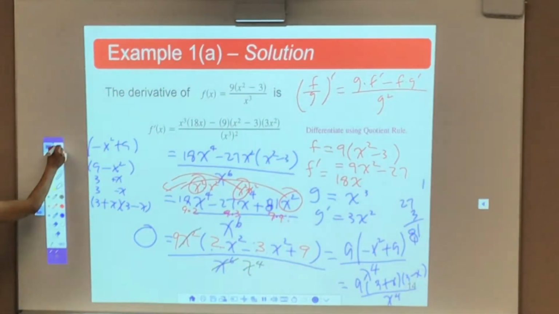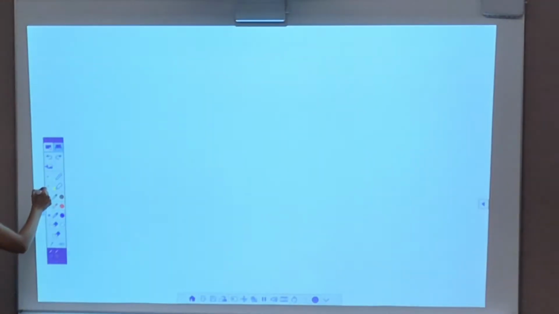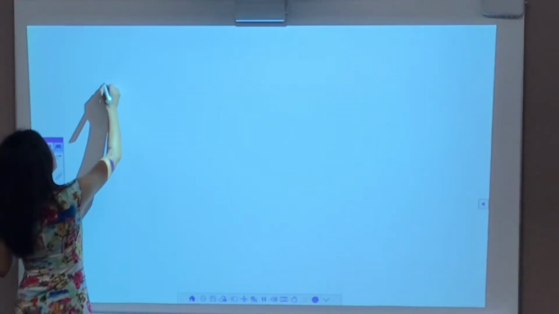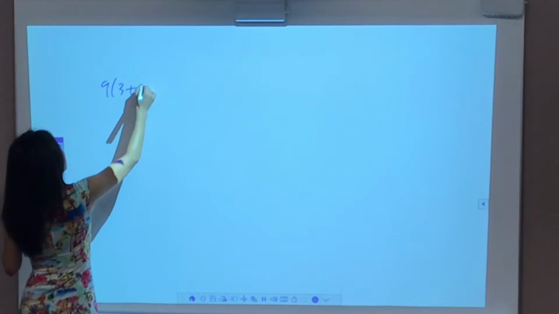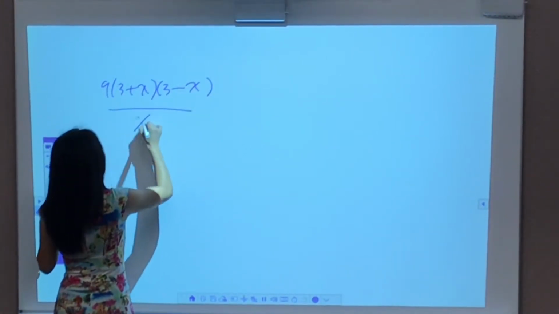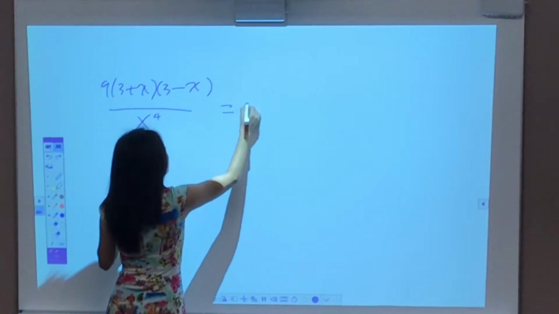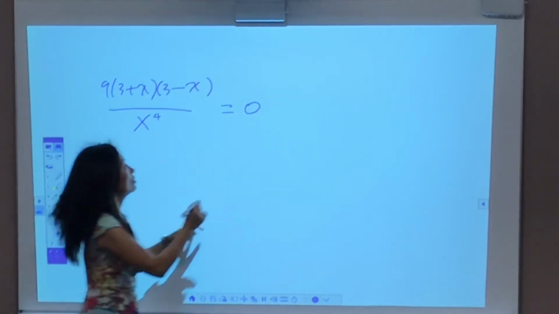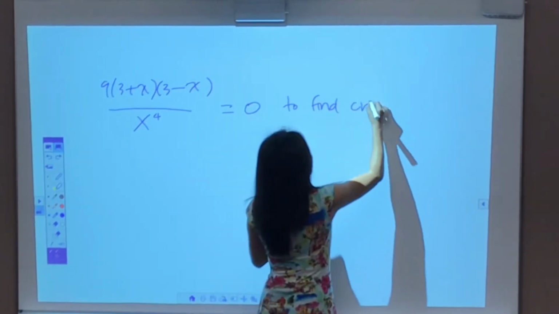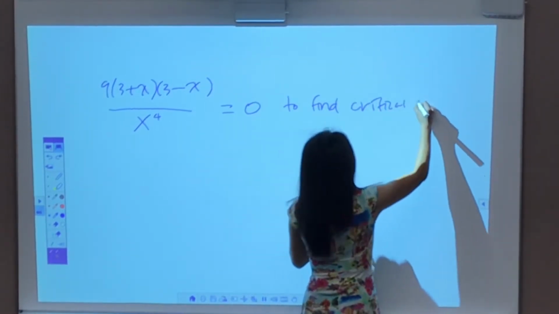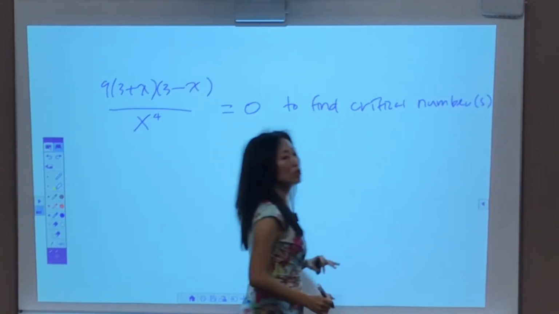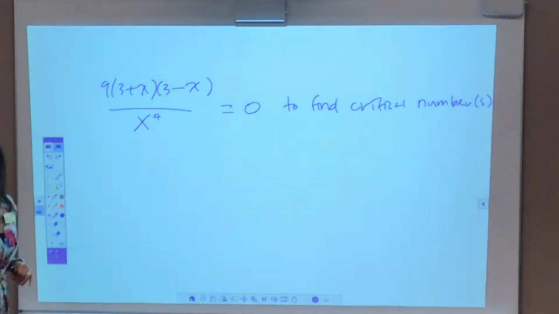So let's use it here. What was my equation? Tell me that I wrote it down. 9 and then 3 plus x, 3 minus x, everything over x to the 4. I'm going to set it equal to 0 to find the critical numbers.